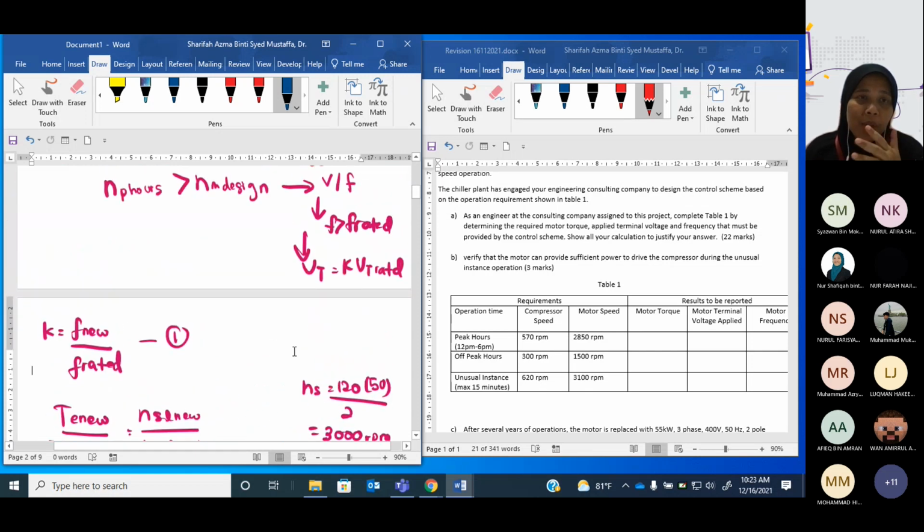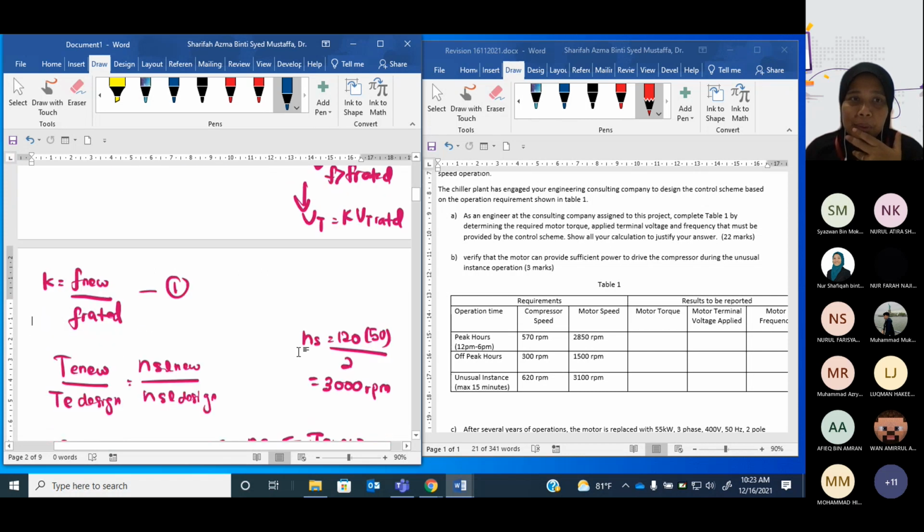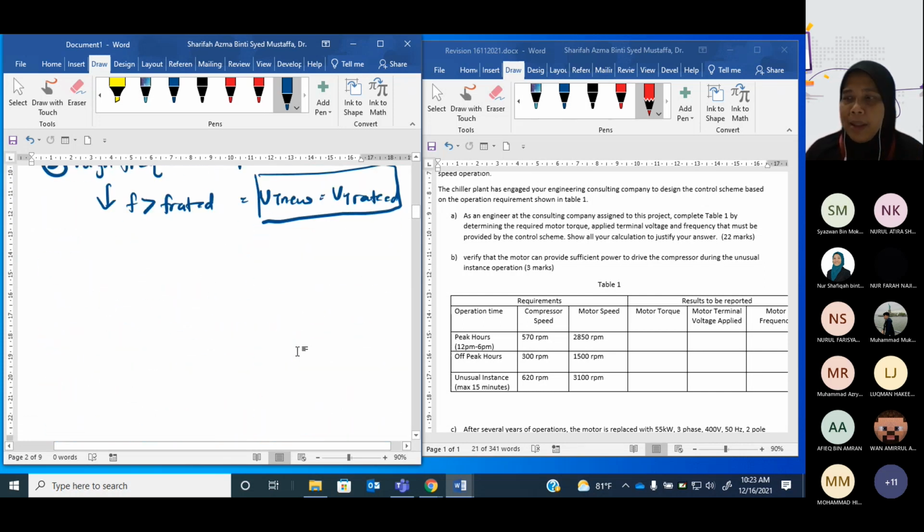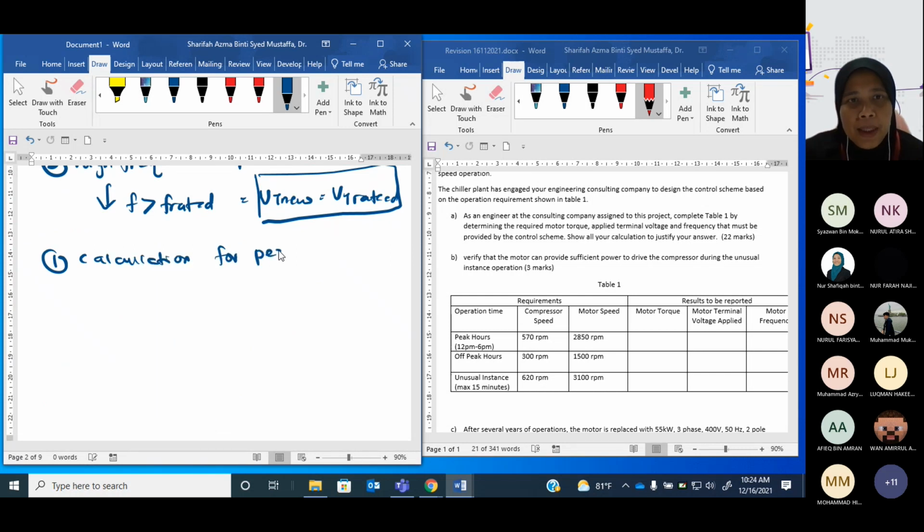This is how you will attempt the question. First read the question and then show all the calculation. For peak hours, one more thing, please label your calculation. Say you first calculate, okay, calculation for peak hours.